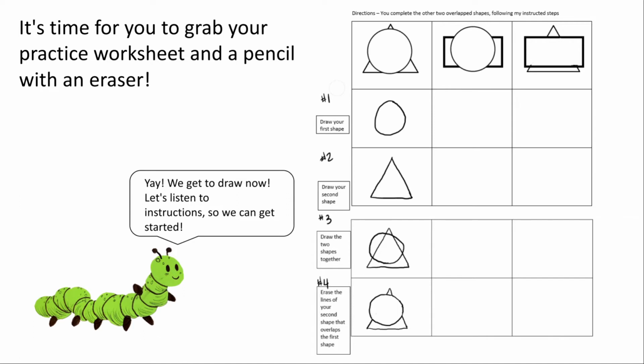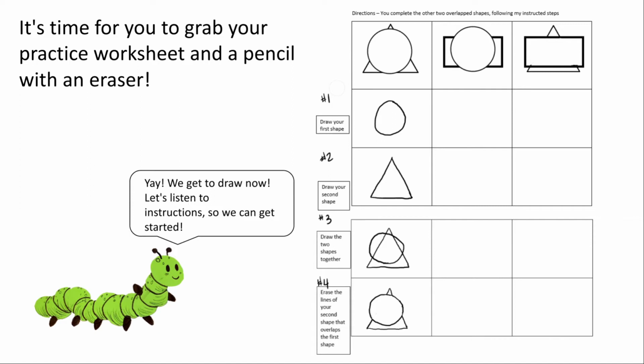So we're going to go to step 1 first, and we're going to draw the first shape, which is the circle that I had for the example. And then step number 2 is to draw your second shape, which behind it is the triangle. So I drew the triangle, and then step 3 is to just draw the two shapes together. It's okay if you cut into each other, it's okay.